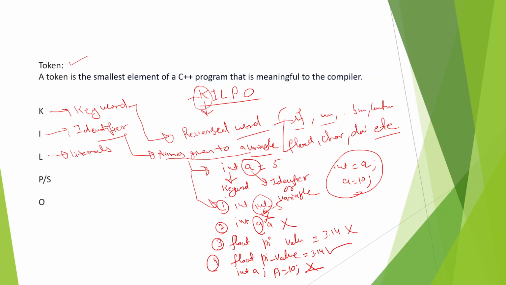Please note. First, a keyword cannot be used as an identifier. Second, the first character must be an alphabet or underscore. Third, no symbol other than the underscore is allowed. Fourth, no space is allowed between names. And the last, it is case sensitive. Clear? Hope it is clear.